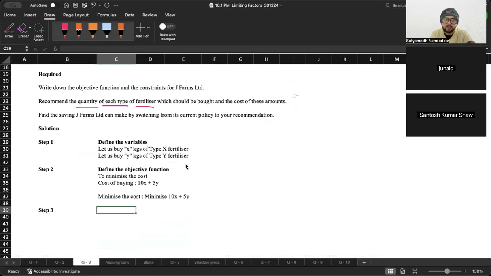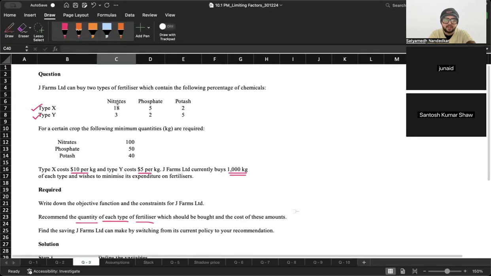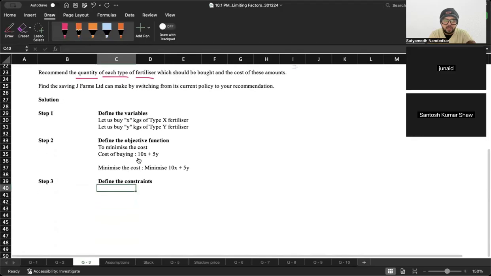So step 3, now you have to define the constraints. ठीक है. Now you have to define the constraint. You know that there are three ingredients here. What are the three ingredients? Nitrate, phosphate, and potash. So let's write down the chemical ingredient first. ठीक है.